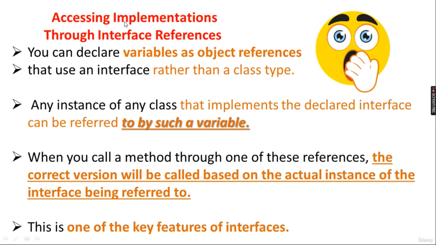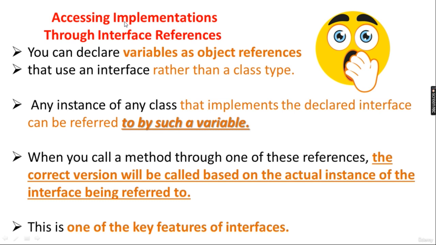Like in an example we have seen in a previous session, we can create one reference variable, and using that reference variable you can access any variable of any class that implements a particular interface. When you call a method through one of these references, the correct version will be called based upon the actual instance of the interface being referred to.